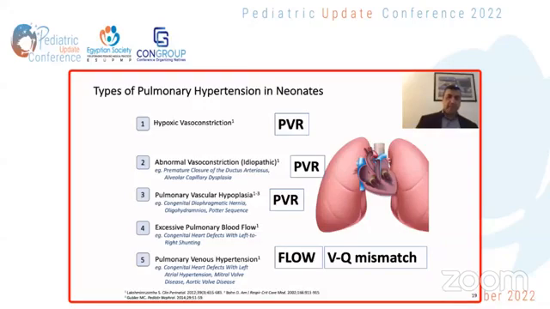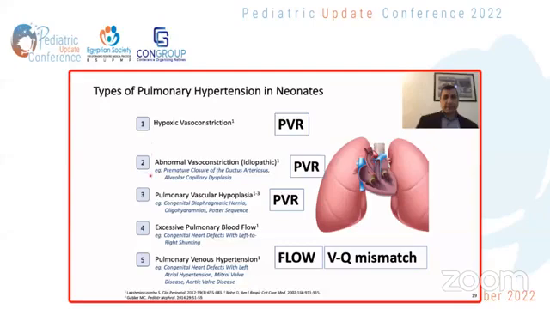We have in this slide types of pulmonary hypertension in neonates. And pulmonary hypertension is not only an increase in pulmonary vascular resistance, it might be either an increase in resistance or an increase in the blood flow. Both can cause significant pulmonary hypertension, and the management is different.